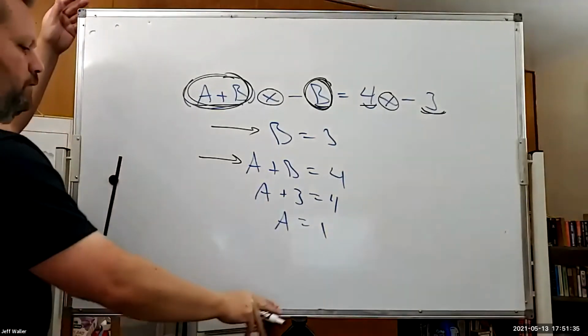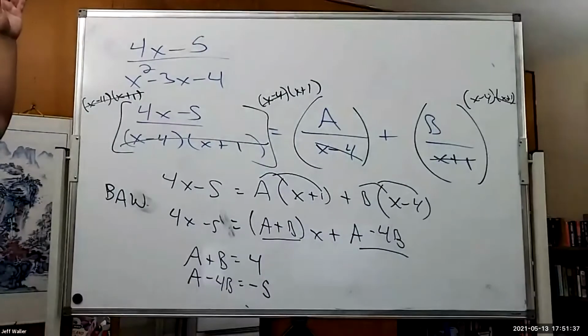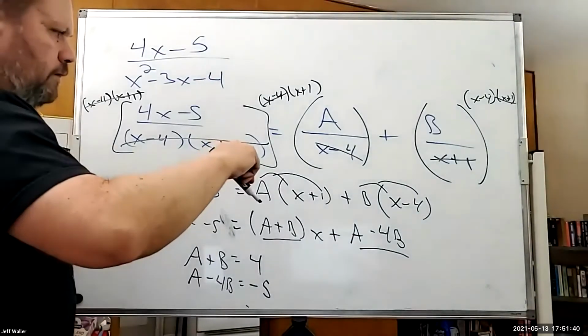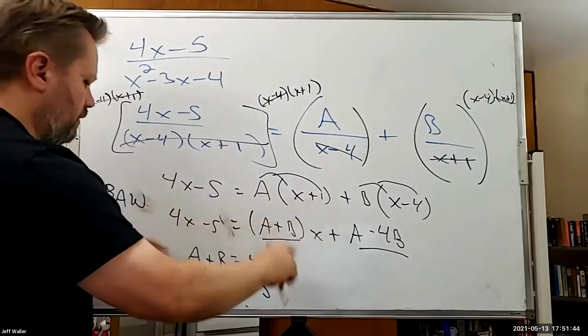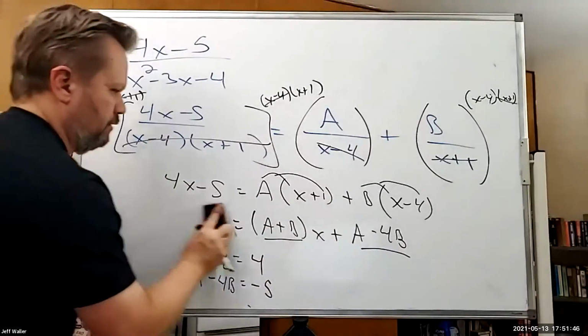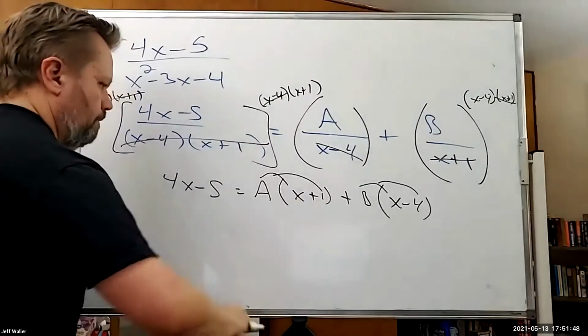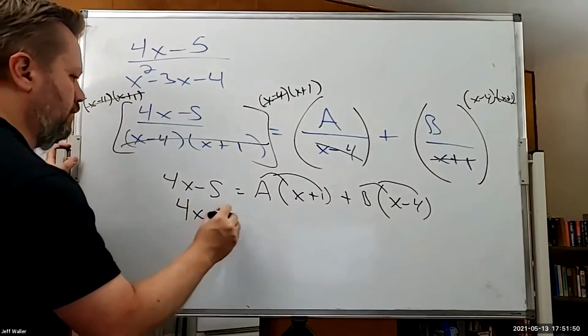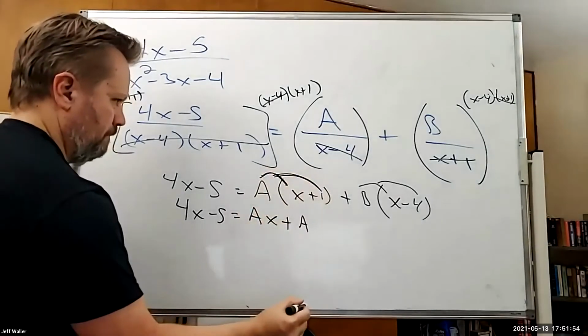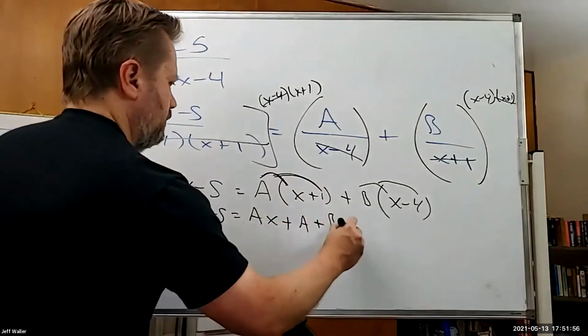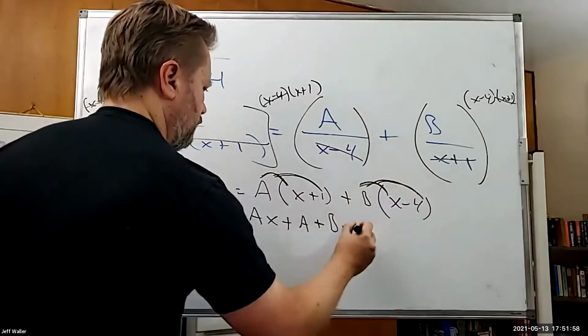Okay, so coming back to here. All I did at this step right here, let me make sure maybe I did one step too quickly. This is 4x minus 5 equals ax plus a, plus bx, minus 4b.